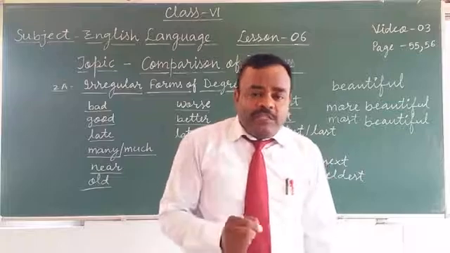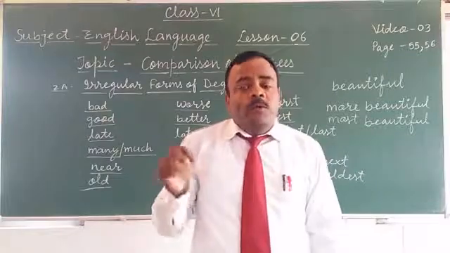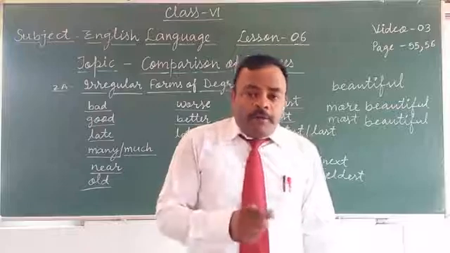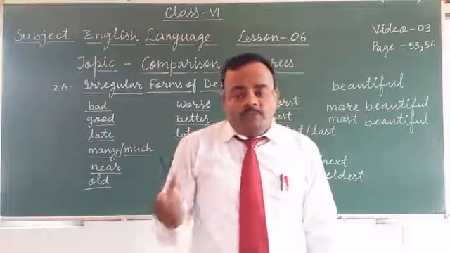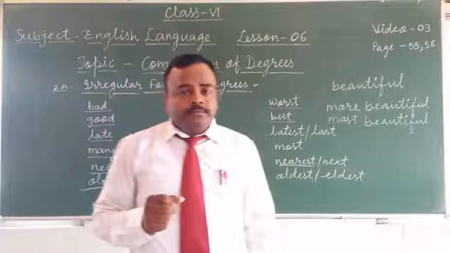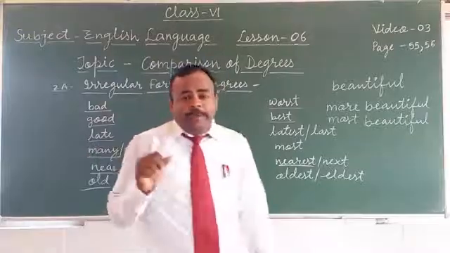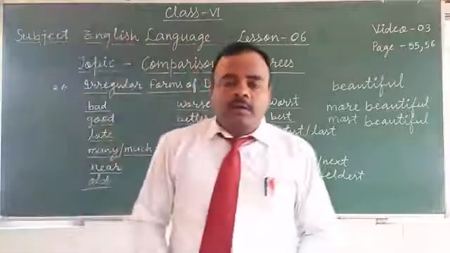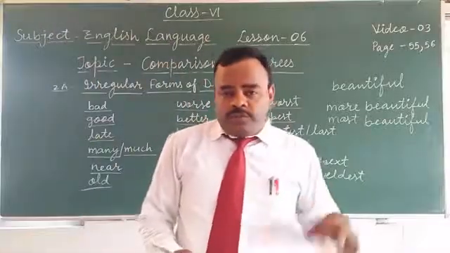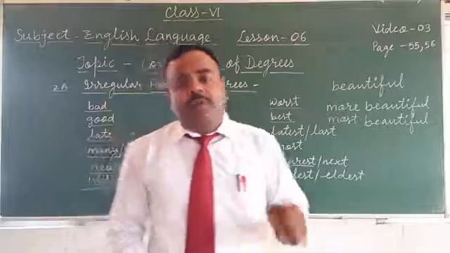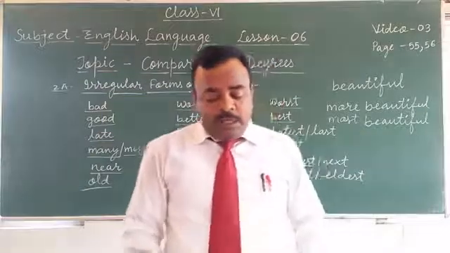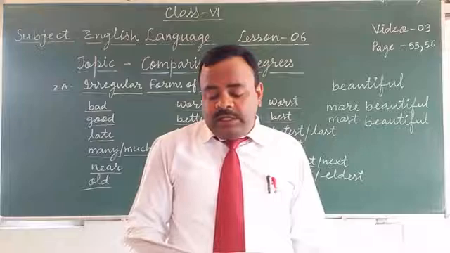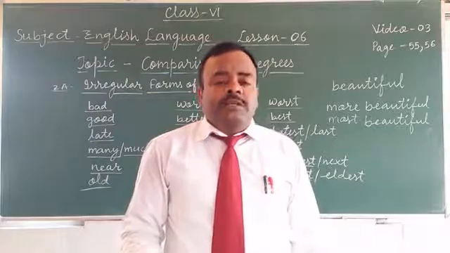Okay, so intelligent, more intelligent, most intelligent. Powerful, more powerful, most powerful. Okay, so in longer words we use more and most before them to make the comparative and superlative degrees.